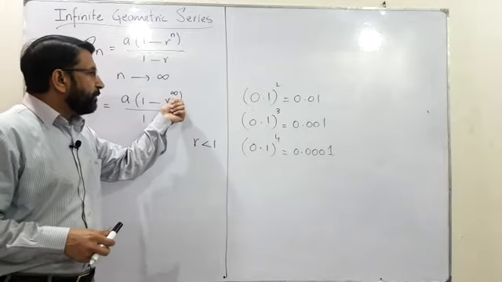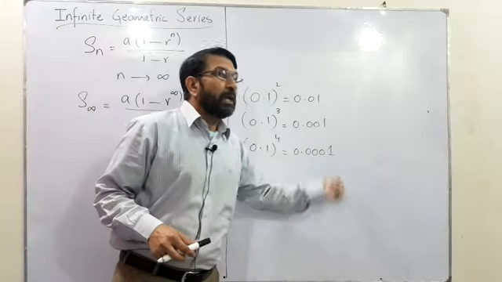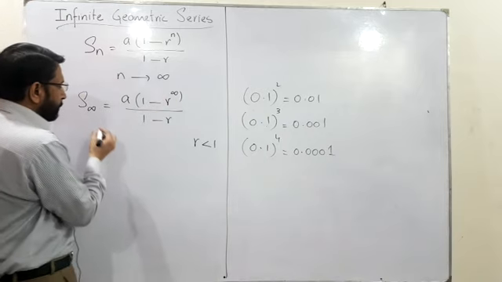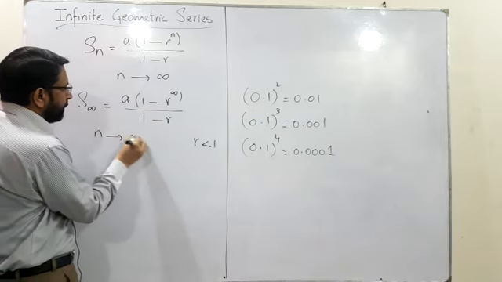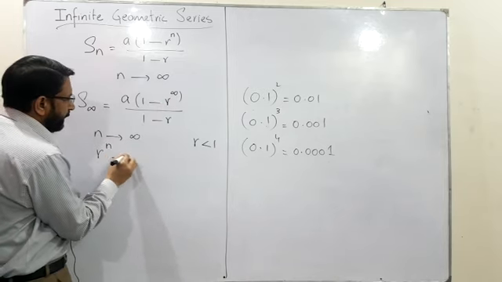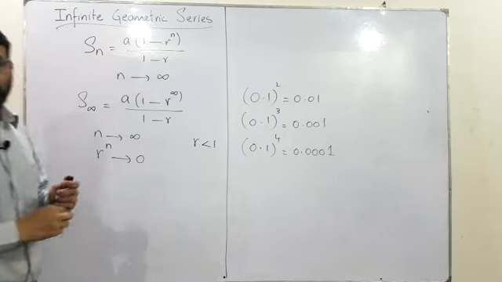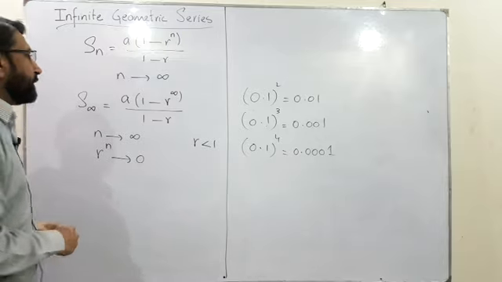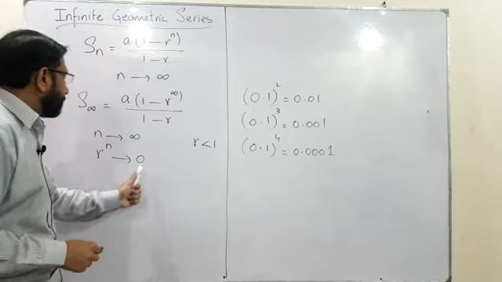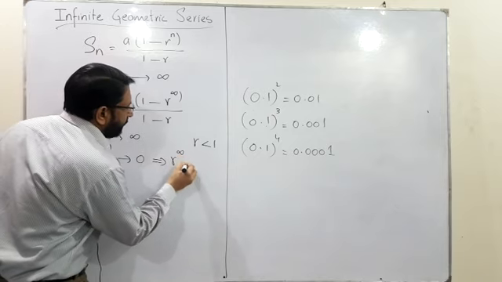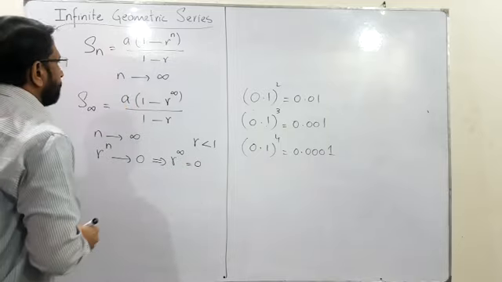When this reaches infinity, there are infinite zeros, and we assume that when n approaches infinity, r power n goes to 0, because with so many zeros the number becomes negligible. So r power infinity equals 0.